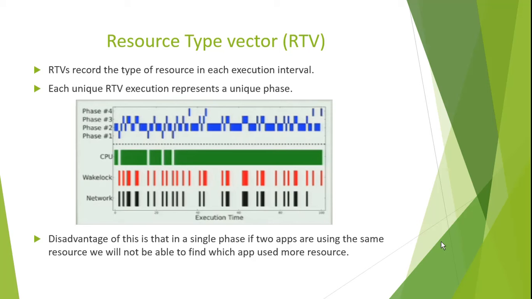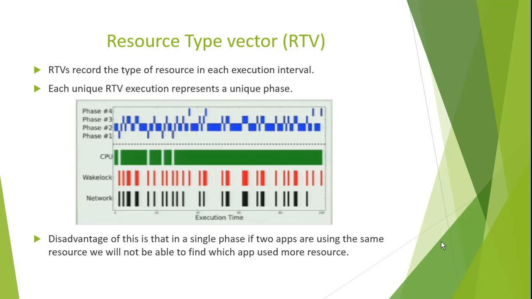is functioning, and when phase 2's set of interval operations is being executed, CPU is being used but not wake clock and network. And in a similar way, in the second column, when phase 1 is functioning, CPU is not being used, wake clock and network are being used.